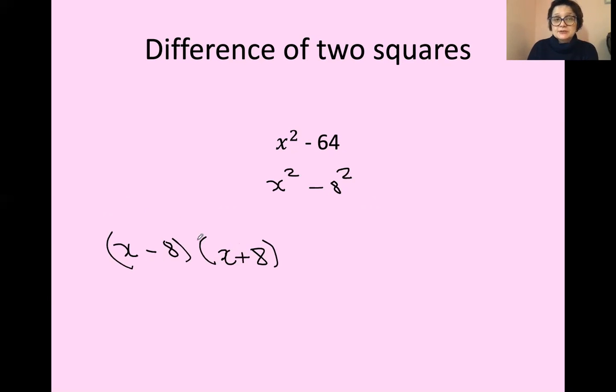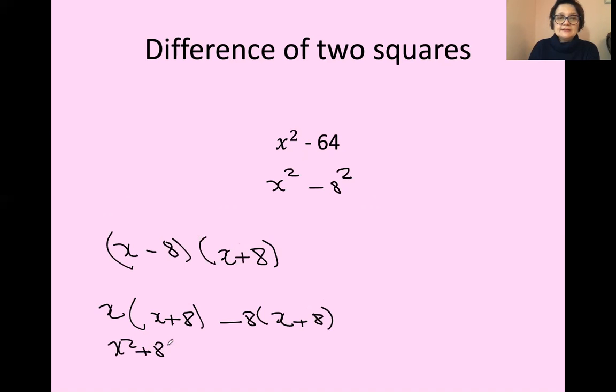And if you try to expand these two single brackets, the answer is going to be x to the power of 2 minus 64. Let's try. So x plus 8 in brackets, multiplied by x minus 8 in brackets. X to the power of 2 plus 8x minus 8x.